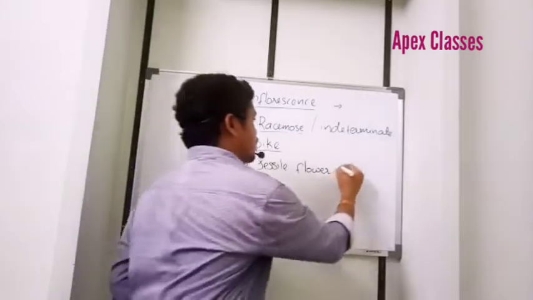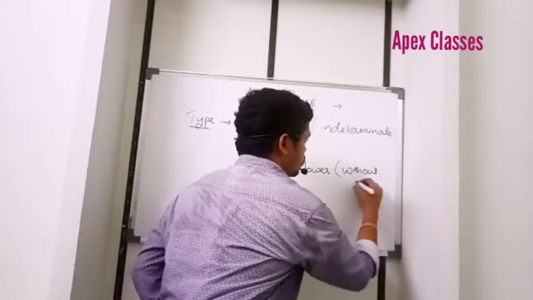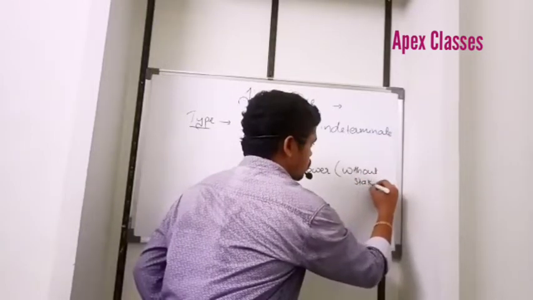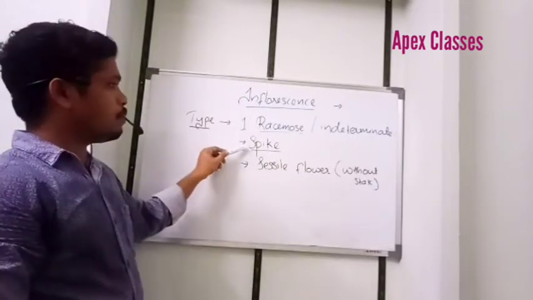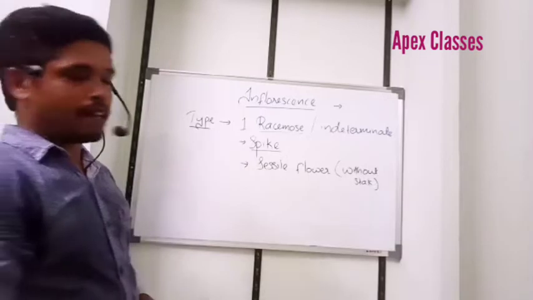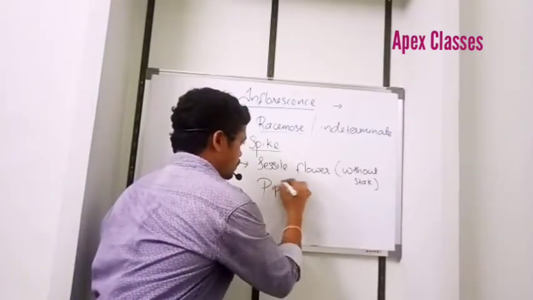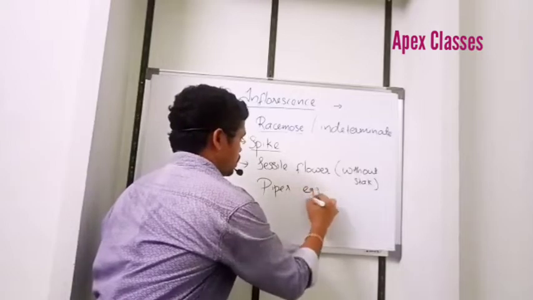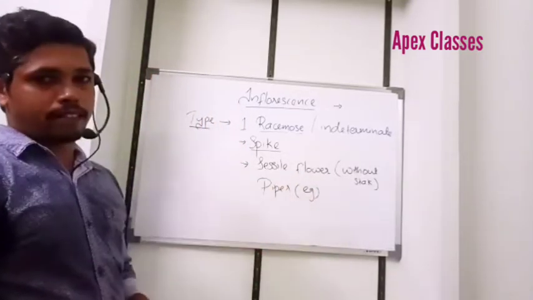The flowers are sessile, meaning without a stalk. This is the difference between simple raceme and spike. Example: Piper, the pepper flowers are a spike.